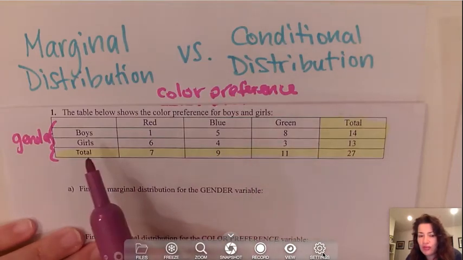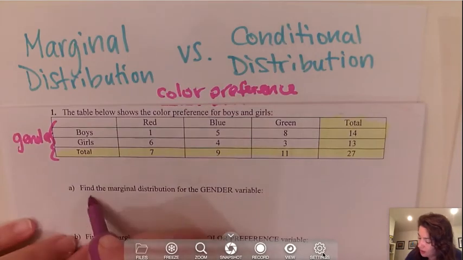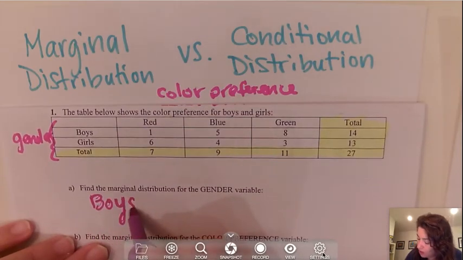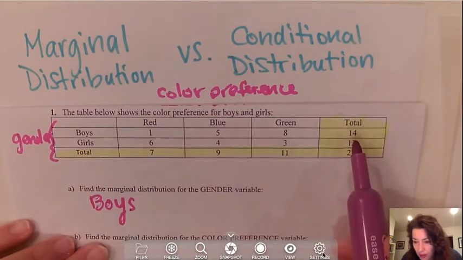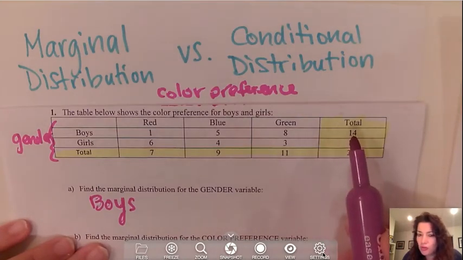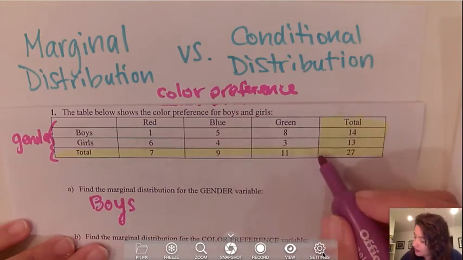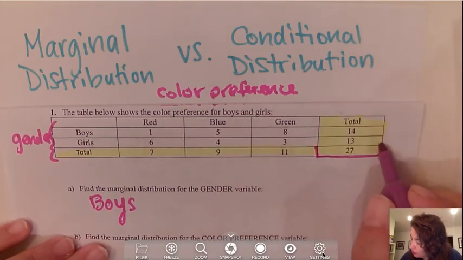So if I want to find the marginal distribution for gender, first I'm going to write down boys, which is only what I highlighted in yellow. So it only consists the totals. So it'd be the total boys over our total sample size. This over here is our total sample.